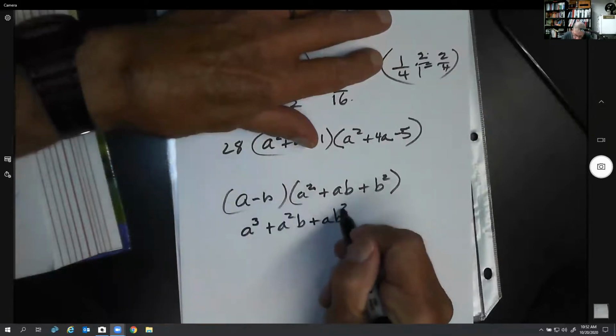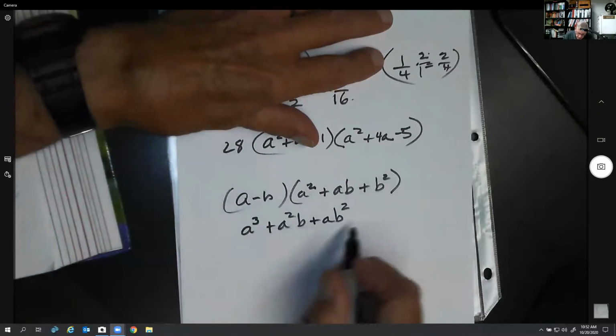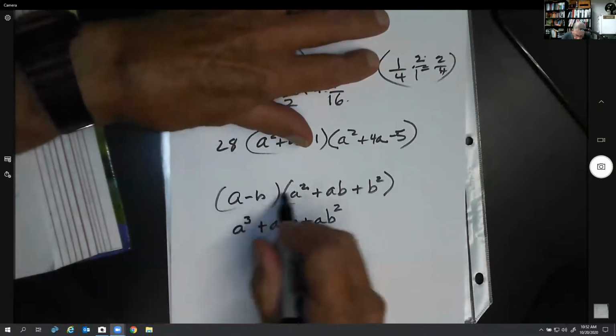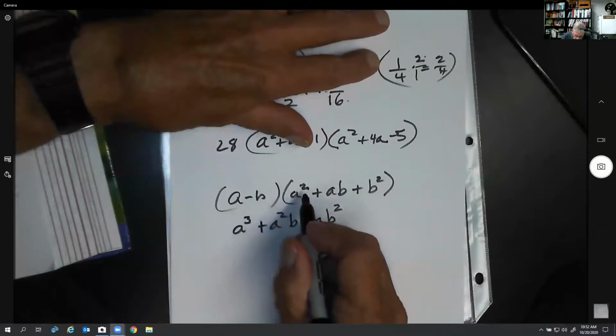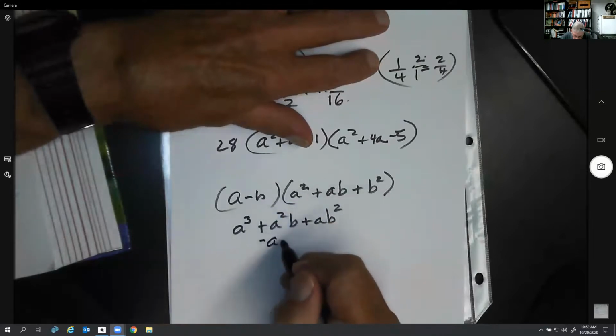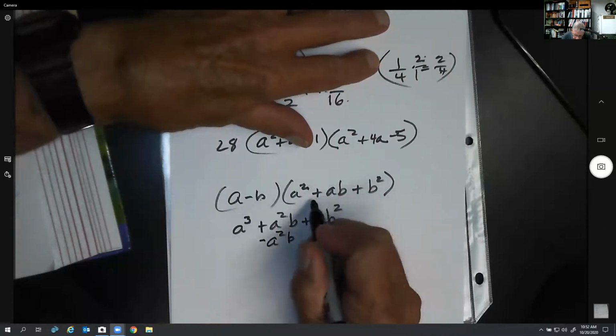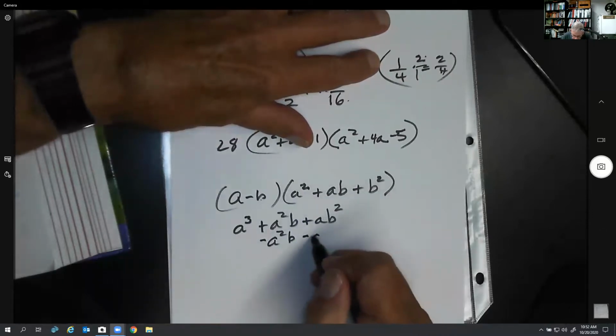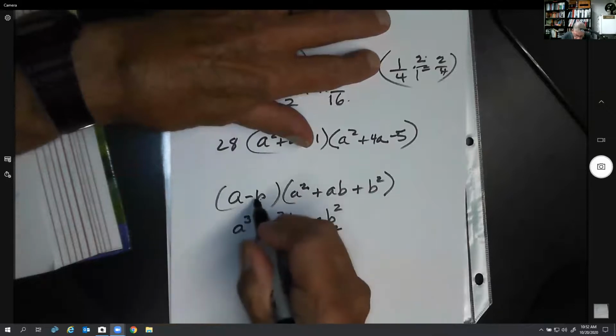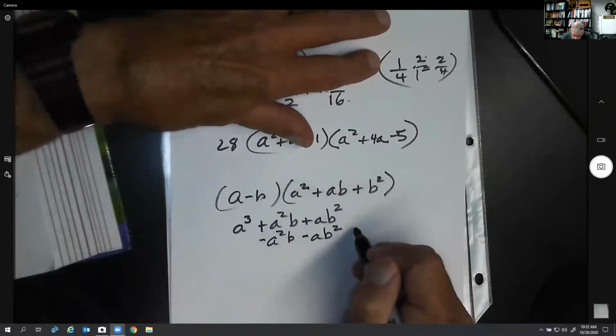Are those like terms? No, they're close, but not the same. Multiply by b, this would be a negative a squared b. Multiply by negative b, this would be a negative ab squared. Multiply by negative b, this would be negative b cubed.